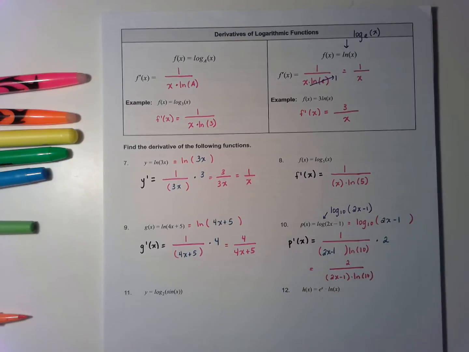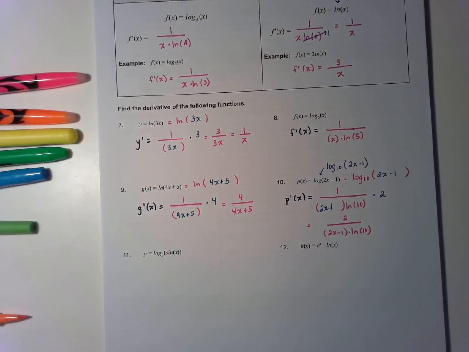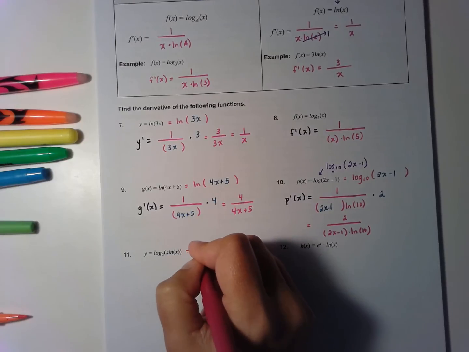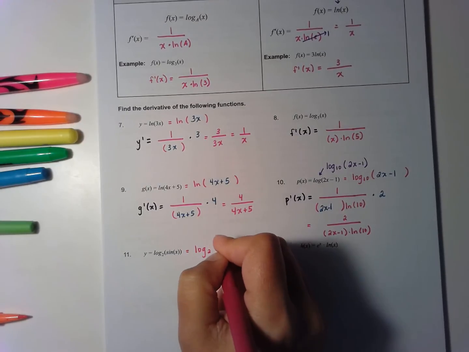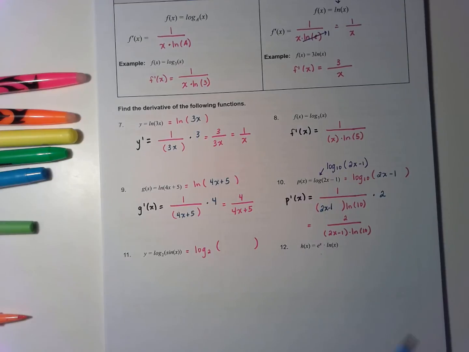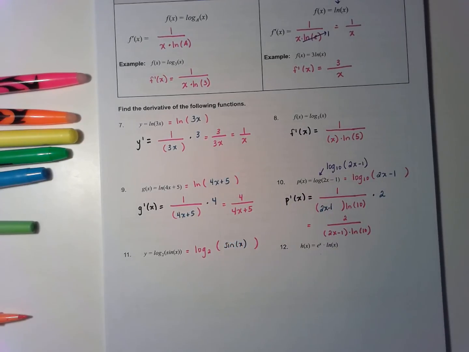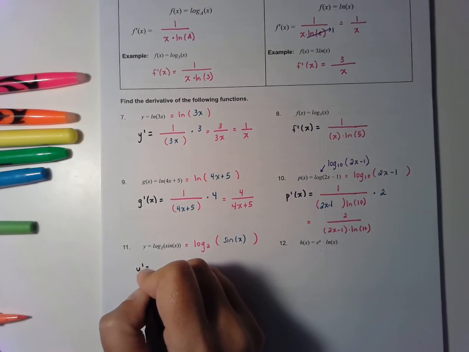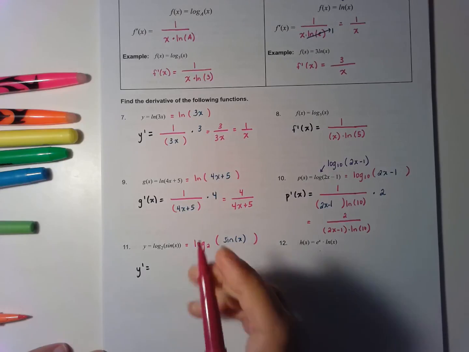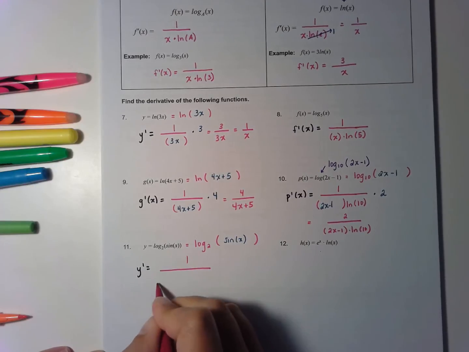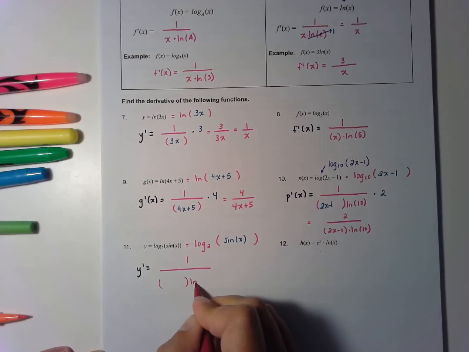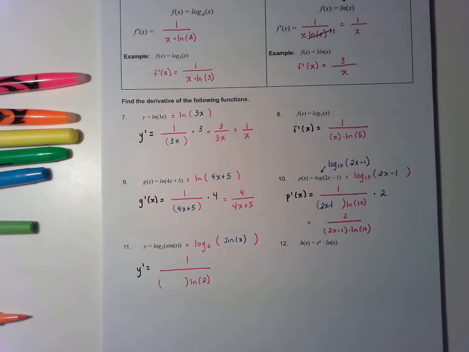For problem number 11, again, we're going to deal with chain rule here, but in this case, the outside function is log base 2, and the inside function is sine. So to find the derivative, I would start with the outside. The derivative of log base 2 would be 1 over the stuff times the natural log of the base, which is 2.